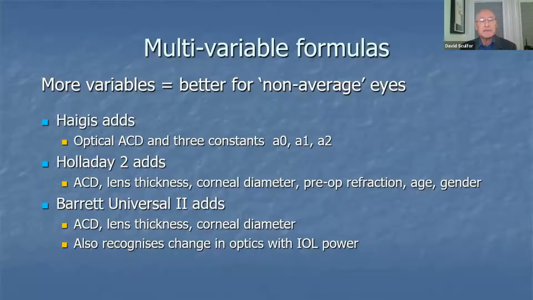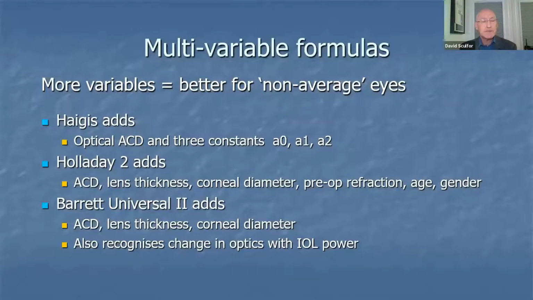So he adds in lens thickness, corneal diameter, pre-op refraction, age and gender. You wouldn't have thought that gender would make much difference, but in fact it does. Not a huge difference. You get into limited gains, but it does make a difference. Graham Barrett, with his excellent Universal 2 formula, together with anterior chamber depth and lens thickness, also adds corneal diameter, or as it's otherwise known, white to white.